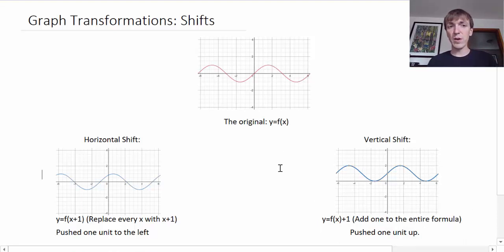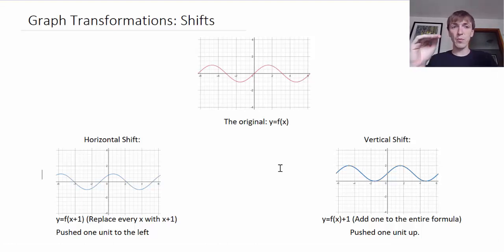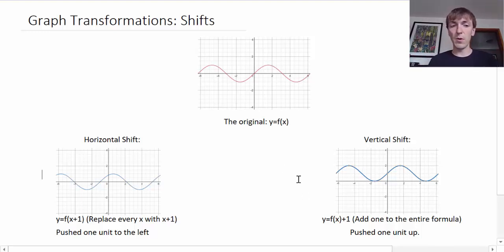Vertical transformations are done forwards because I added 1 to the formula and that moves it up 1. That's what you expect. So just to recap, horizontal shifts are backwards and you get it by doing something just to x. Vertical shifts are forwards and you get it by doing something to the entire formula.